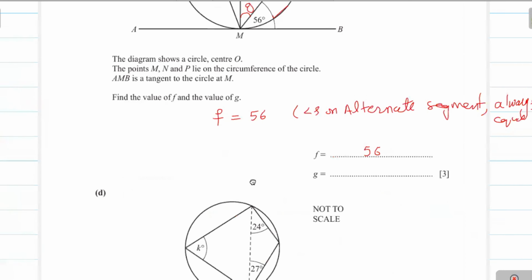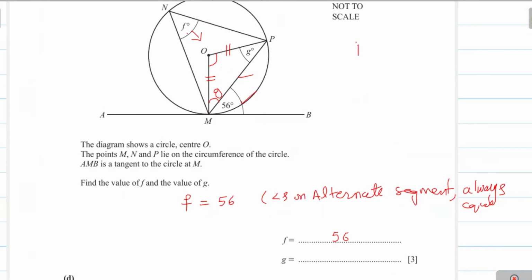Therefore, the angle MOP will be equal to 2 times F degrees, and F is 56.